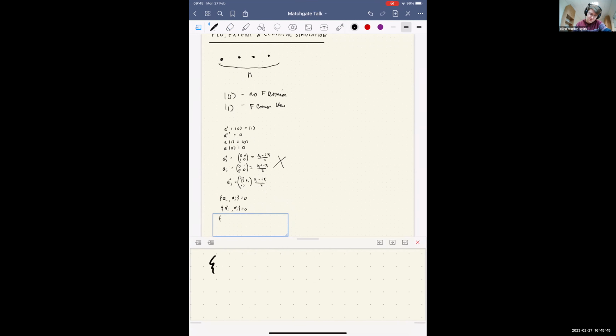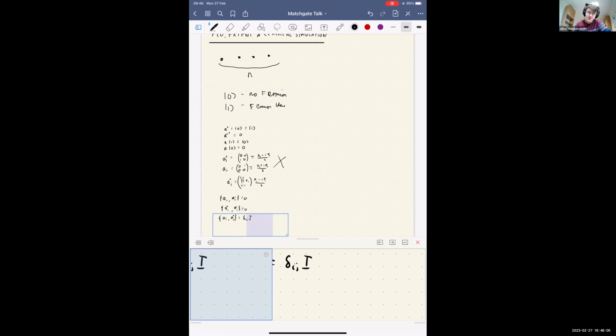And we want a_i, a_j dagger to equal delta_ij. Is that correct? Yeah, that way around.